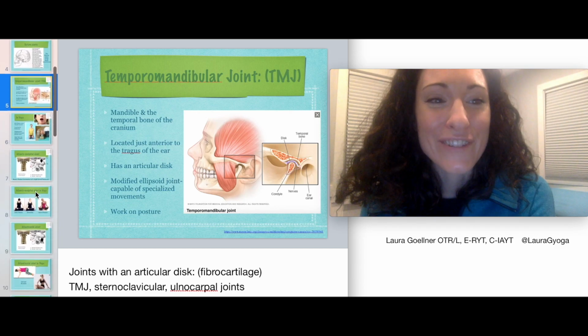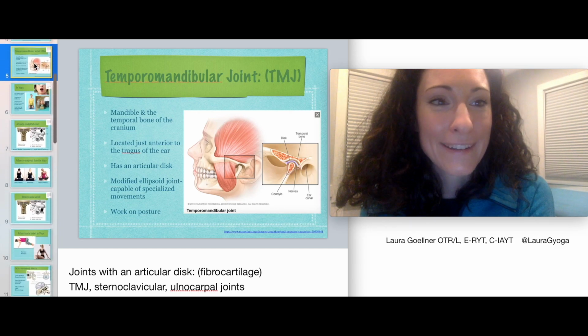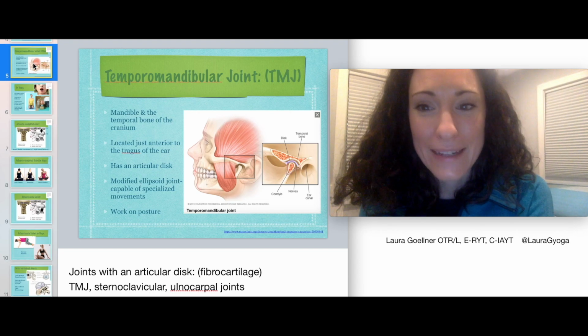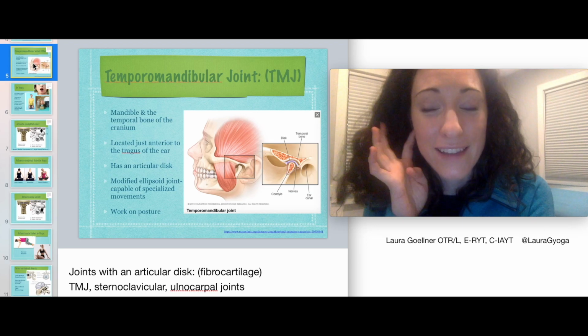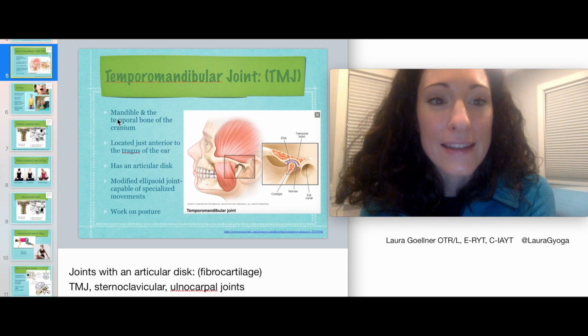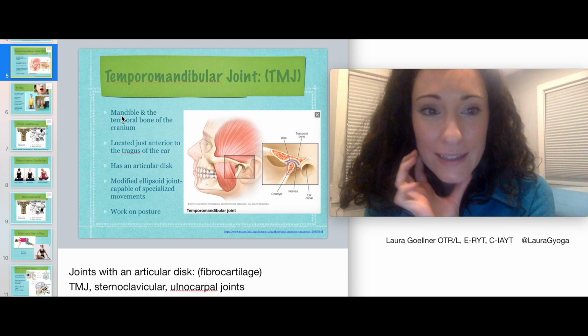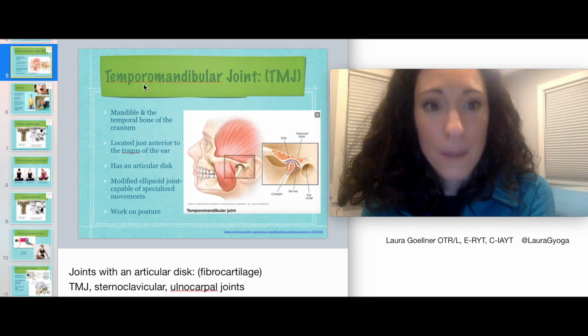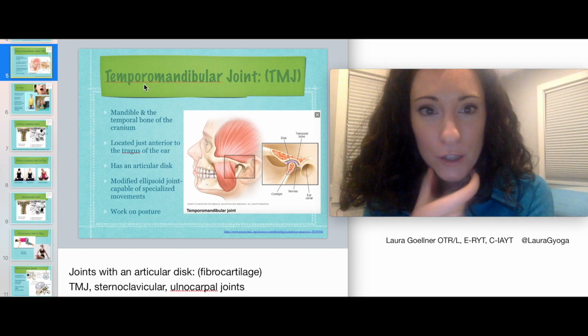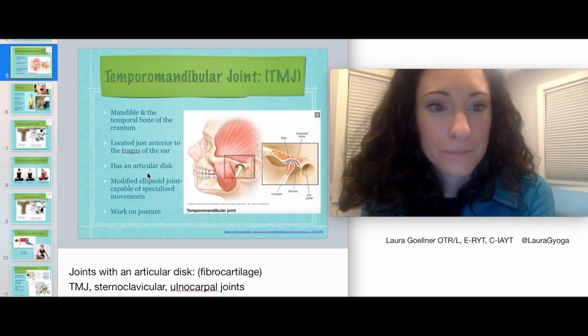All right, so first joint up is the temporomandibular joint. This is the joint of the jaw that allows us to chew, and it's a joining between the mandible and the temporal bone of our skull. So, temporomandibular joint.